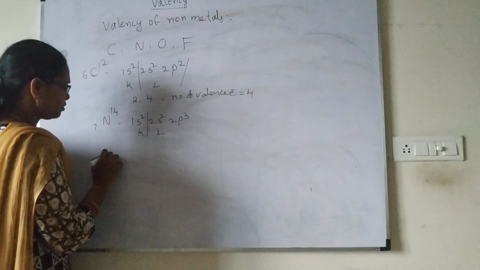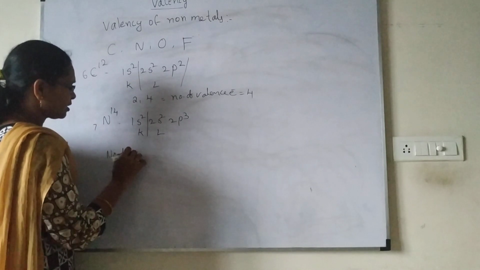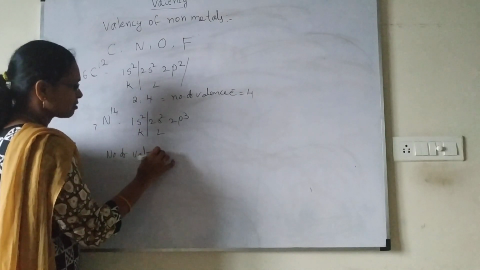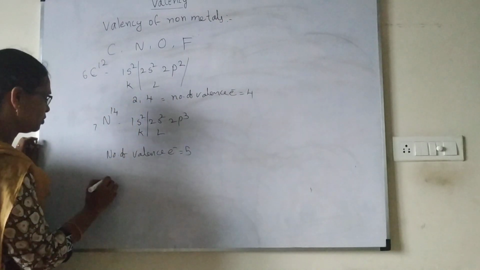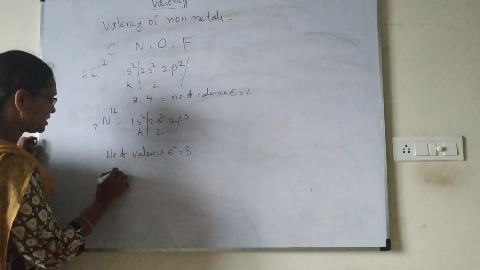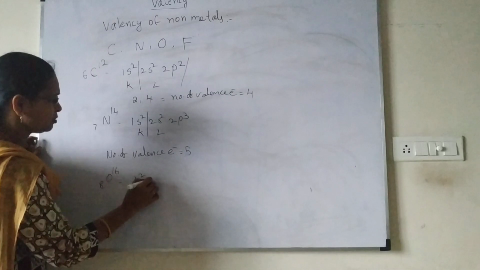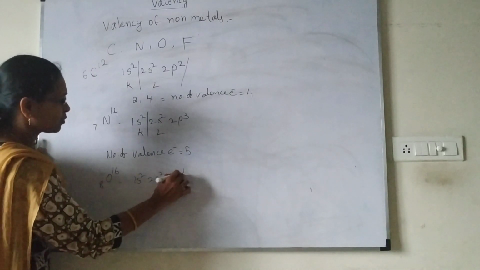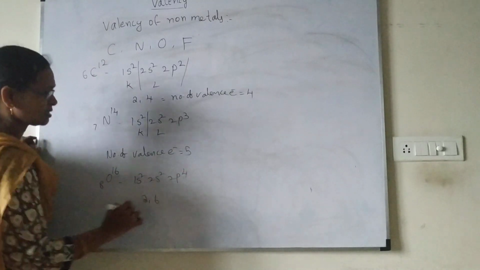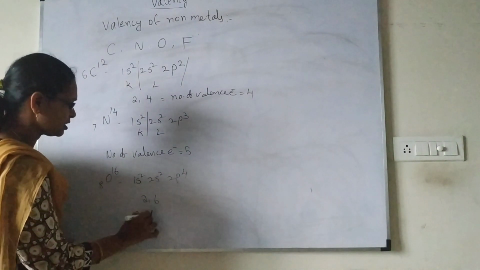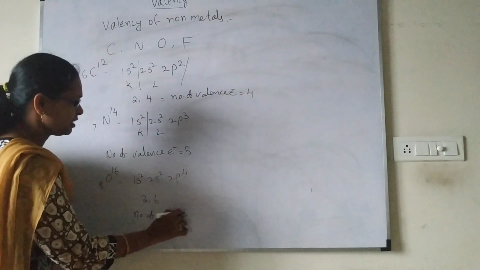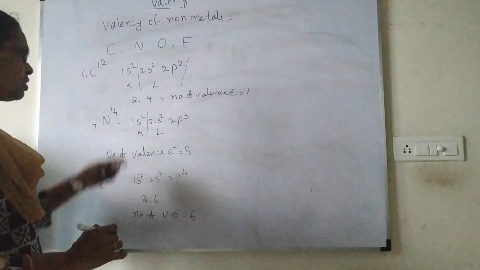In case of nitrogen, number of valence electrons 5. And then the same thing, oxygen you take. 8, 16 we are taking. 1s2, 2s2, 2p4. So 2, 6 we can say. So number of valence electrons, I am writing it as VE 6.